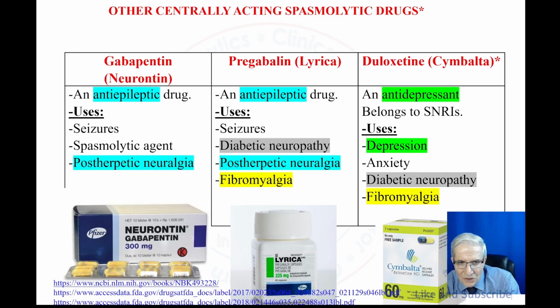We have duloxetine. Which of these anti-epileptic medications is used for antispasmodic and fibromyalgia? We have Lyrica, pregabalin. Which of these medications is used for post-herpetic neuralgia? We have two medications. We have gabapentin and pregabalin.